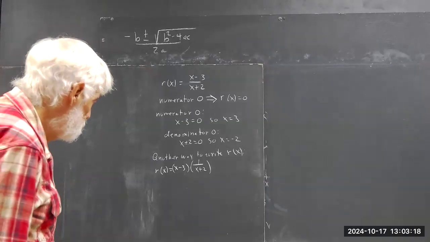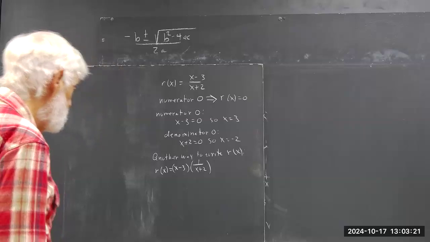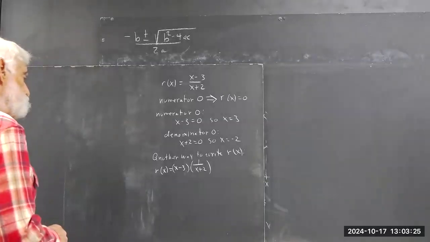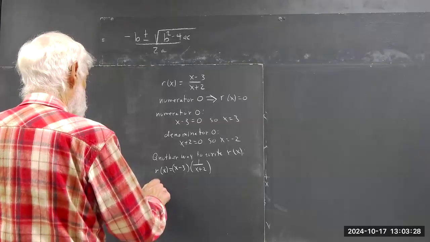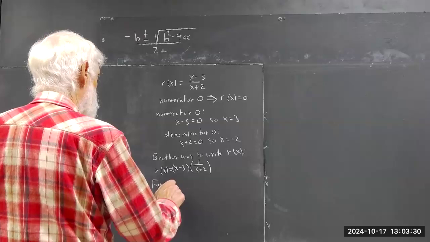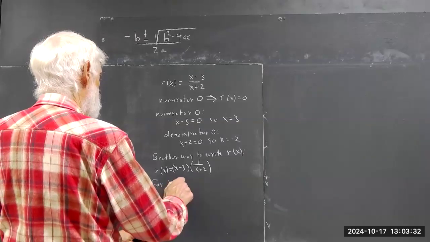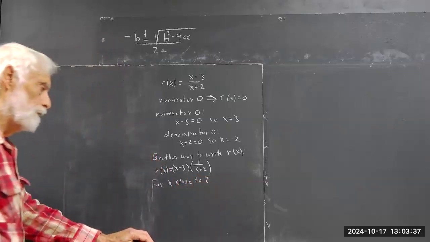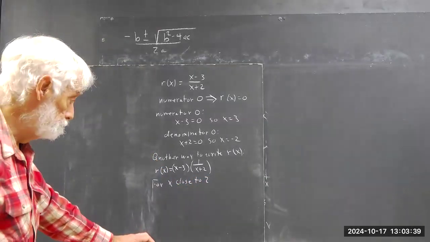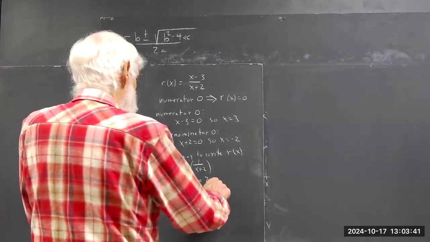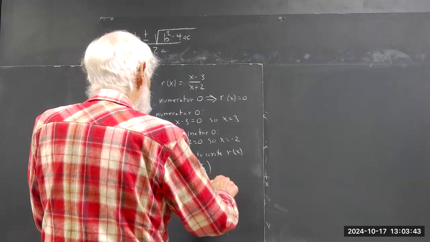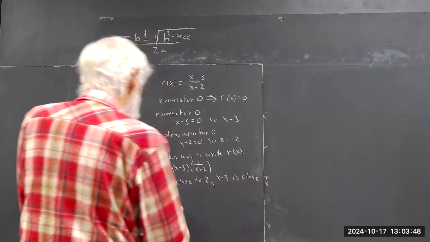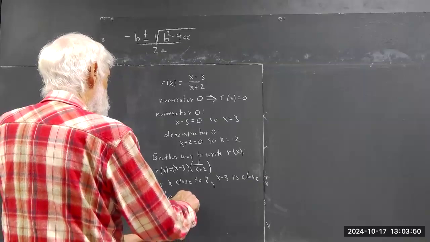Okay. Now, x close to 2, x minus 3 is close to -1.